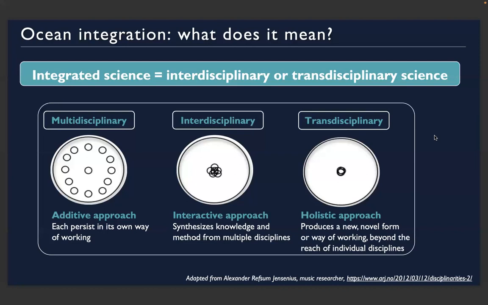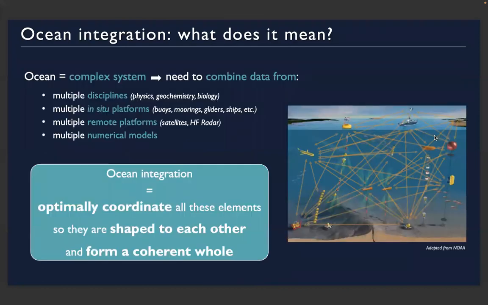And so what about ocean integration? The ocean is a very complex system, so we need to combine multiple disciplines. Of course, we need to do more transdisciplinary work, but we also need to combine multiple in-situ platforms: buoys, moorings, gliders, ships, etc. So inside each discipline, we also need to combine multiple expertise together. And we also need remote platforms, satellites, radar, and numerical models.